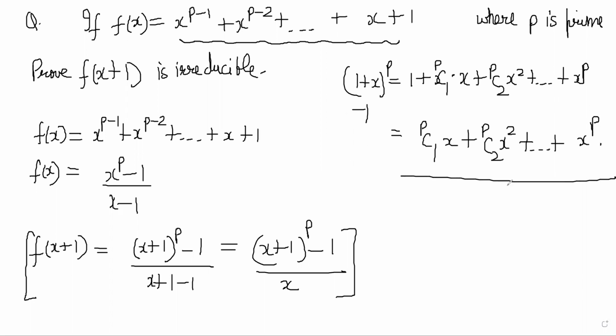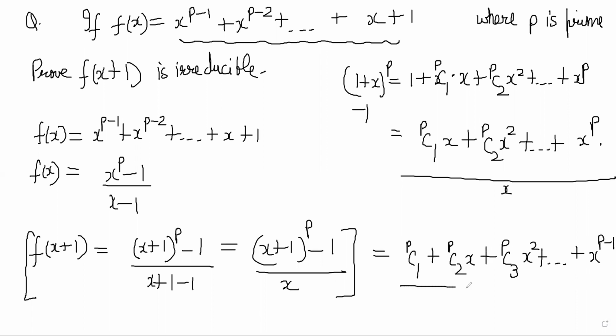If you divide the whole thing by x, that polynomial will be pC1 + pC2 x + pC3 x^2, and so on, till x^(p-1). The last term becomes that. And notice the second last term: it would have been pC(p-1) x^(p-1) before dividing, and pC(p-1) is simply p. So the second last term here is p x^(p-2).